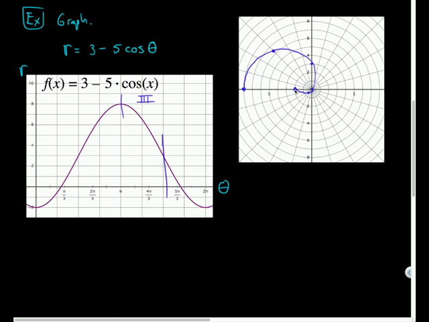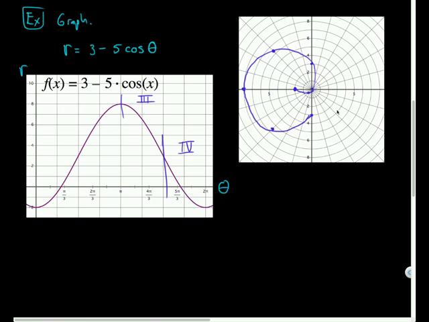So at this angle, it'll be at the 6.5 again, and then at this angle, it'll be at 3. Right? So 3 right there. And it appears to kind of do this. Well, I guess I'll keep that. It's good enough.